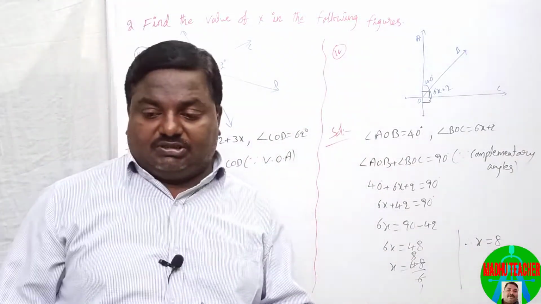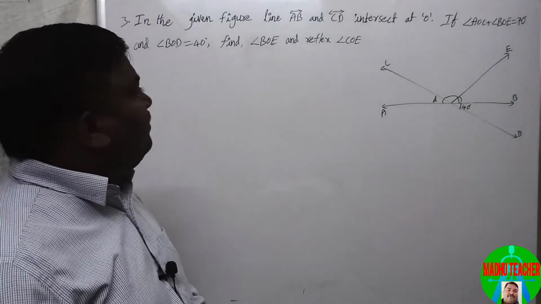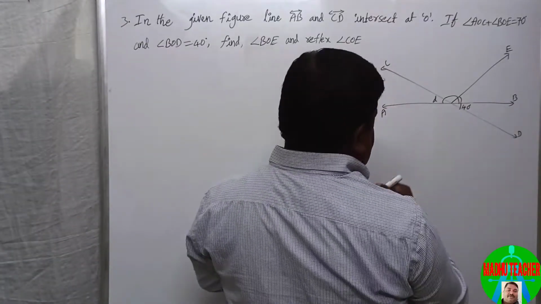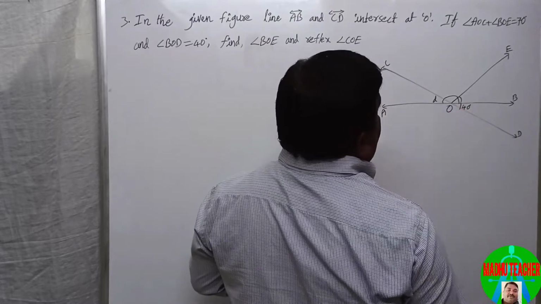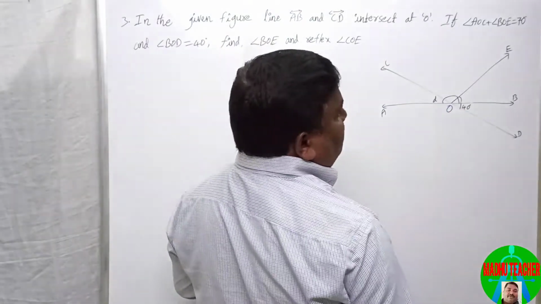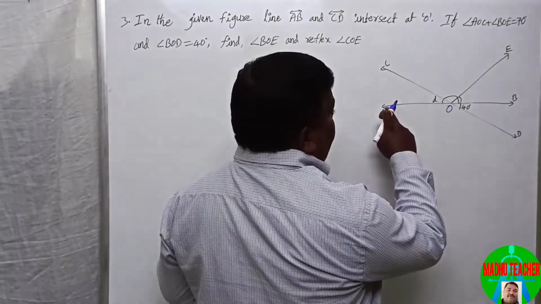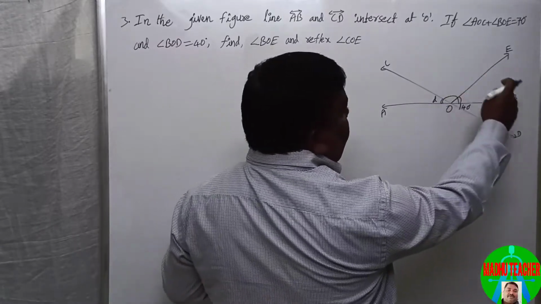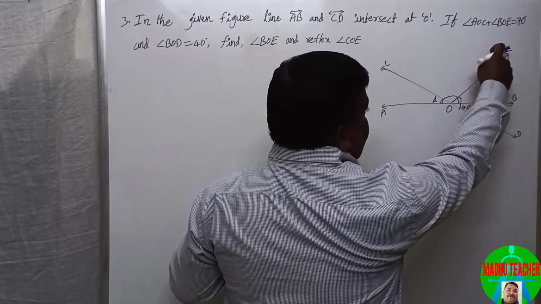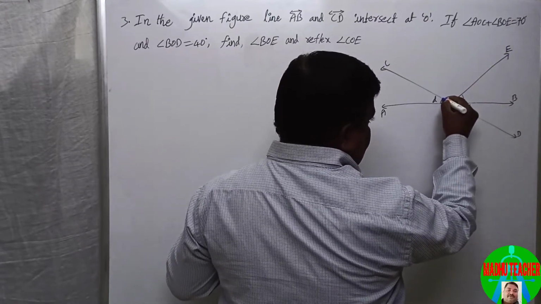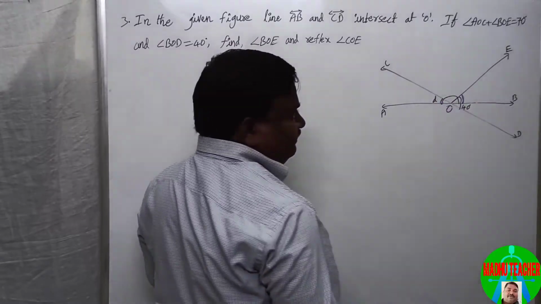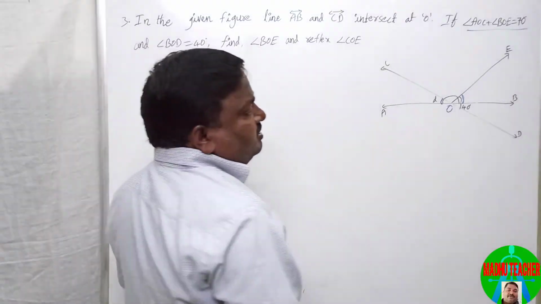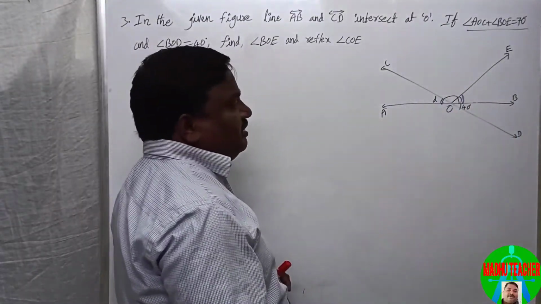So next, the third one. In the given figure, lines AB and CD intersect at O. If angle AOC plus angle BOE equals 70 degrees, this angle AOC plus angle BOE, the sum of these two angles is 70 degrees, and angle BOD equals 40 degrees, this is given.